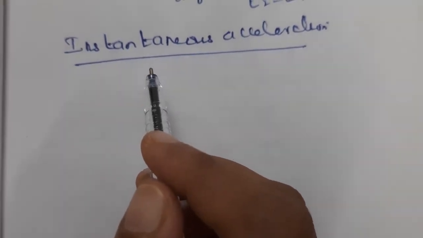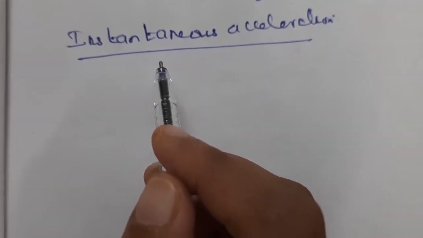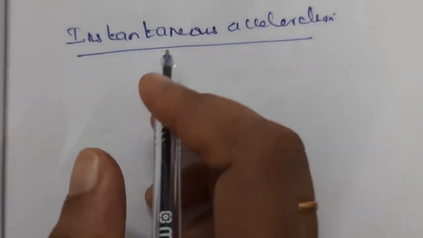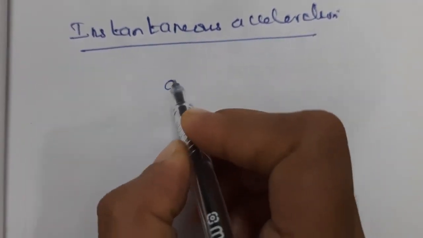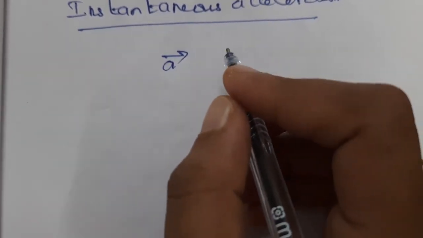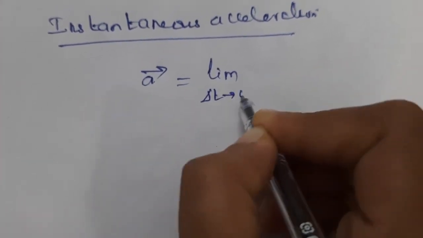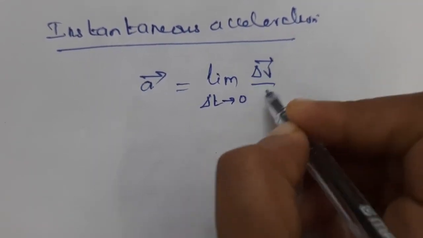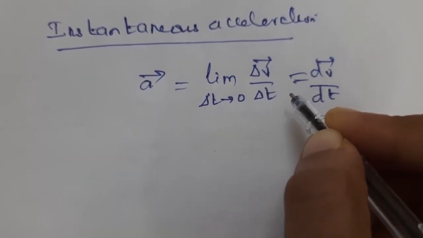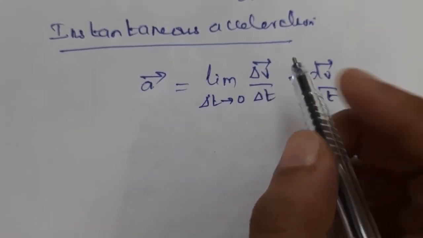It will not give the value of the acceleration at any instant of time. So, a equal to limit delta t tends to 0 of delta v by delta t, that can be written as dv by dt.